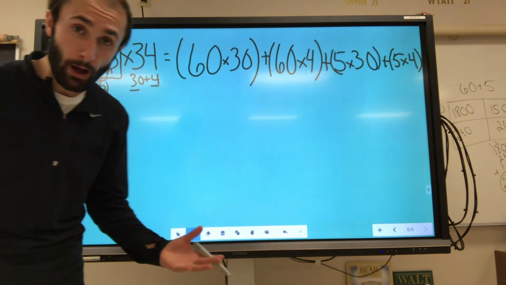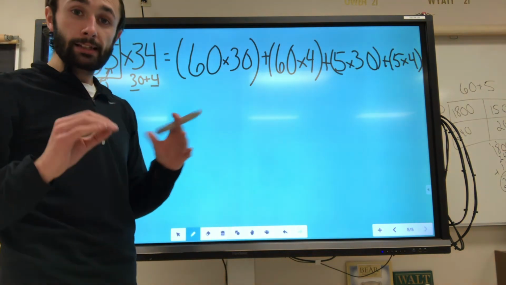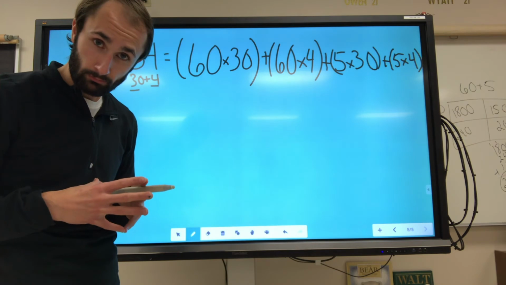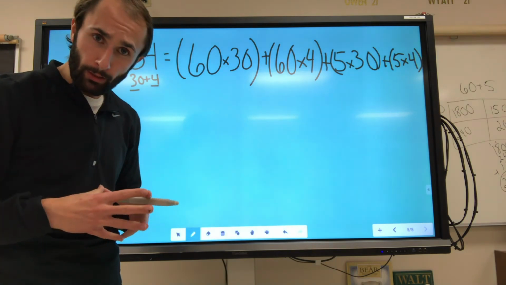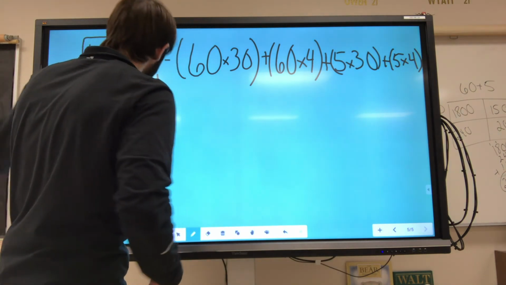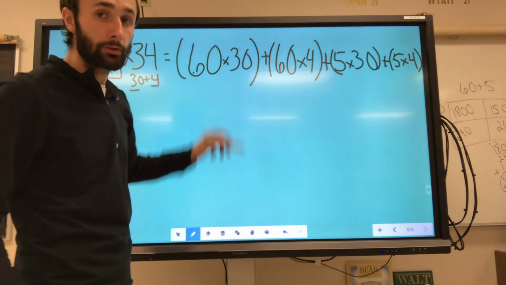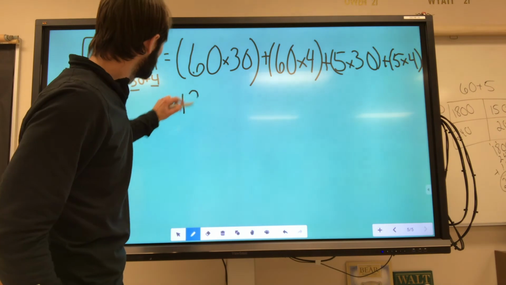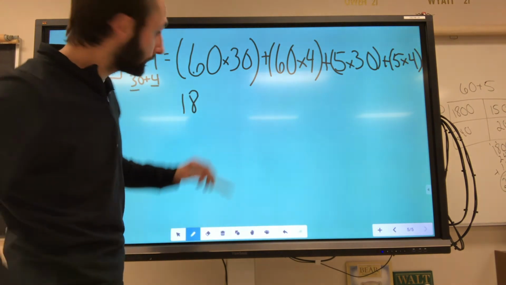Now comes the easiest part. The hardest part is setting the problem up. Now let me re-wet my ink pen and work on the multiplication. All right. 6 times 3 is 18, with 2 zeros.